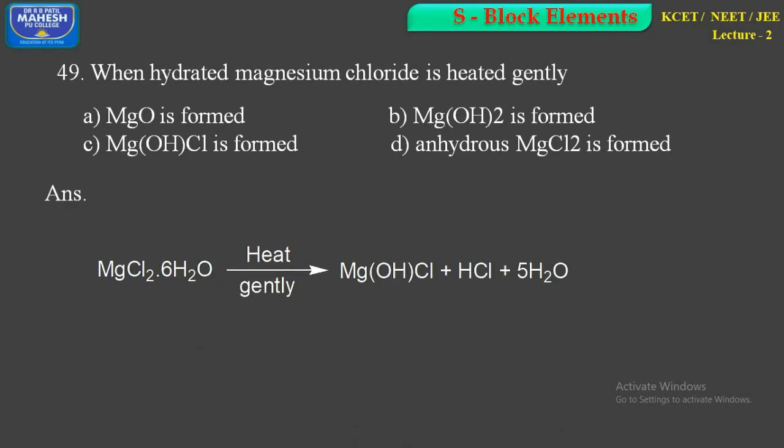Students, when magnesium chloride hexahydrate is heated gently, we get magnesium hydroxychloride, HCl, hydrogen chloride, and 5 moles of water. So with this, option C is the right answer. Magnesium hydroxychloride is formed by heating hydrated magnesium chloride.